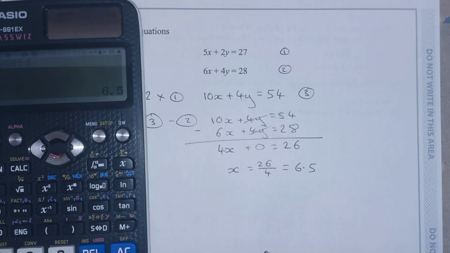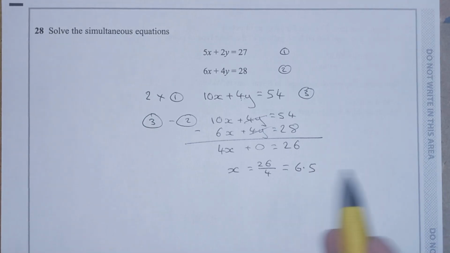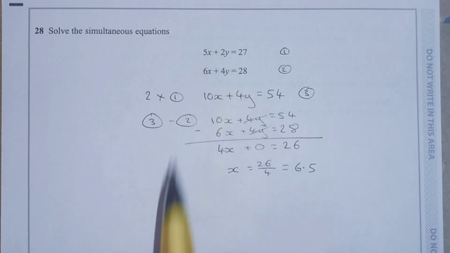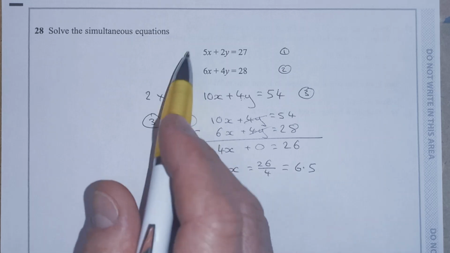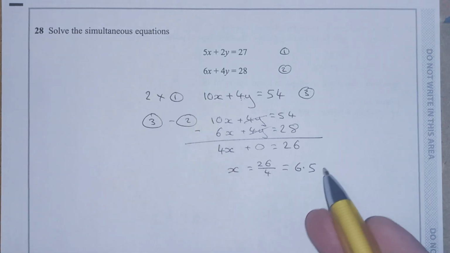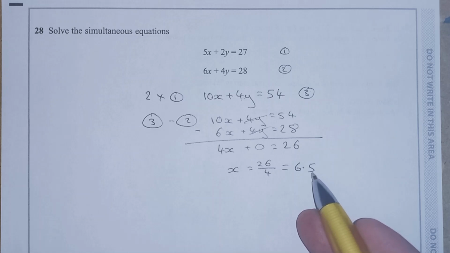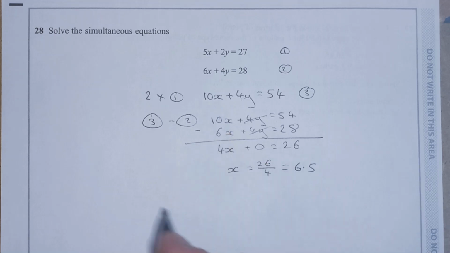Okay, so now what we want to do with this is to put it back into one of the equations so we can work out what y is. Now normally I'd just substitute it straight into the first equation, but because we've got a 0.5, multiplying it by an odd number, I'm going to still have the 0.5. In fact, what I might do just feels easier. I'm going to substitute it in 3 because then I can multiply it by 10.